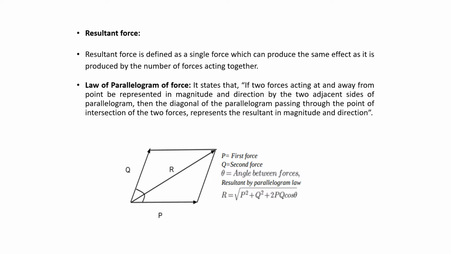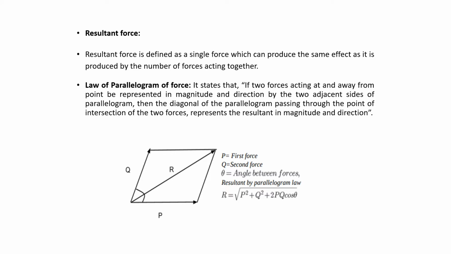The two forces are P and Q, acting at and away from a point, represented in magnitude and direction by two adjacent sides of the parallelogram. Then we complete this parallelogram and the diagonal represents the resultant in magnitude and direction.